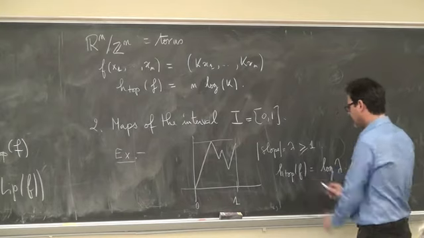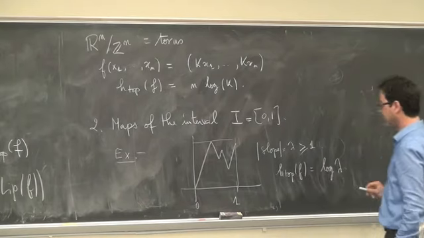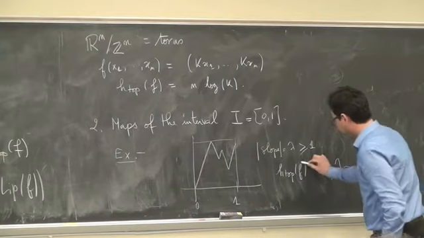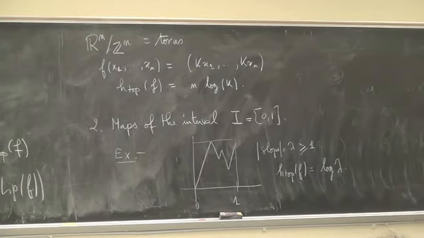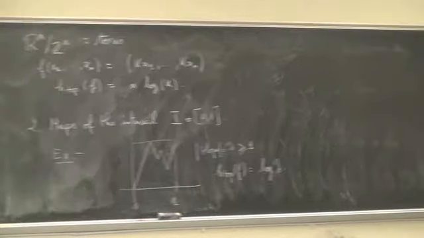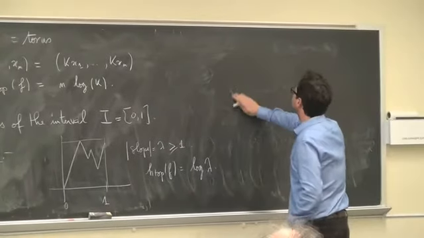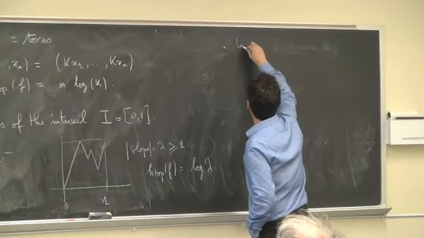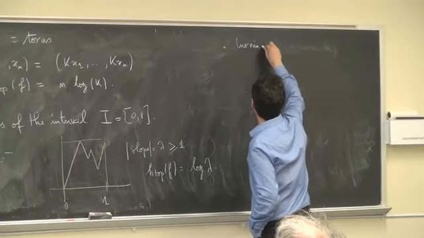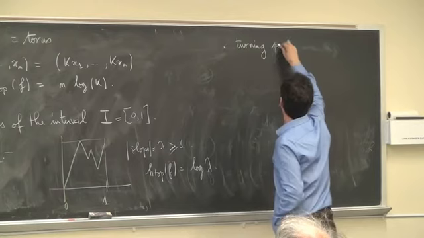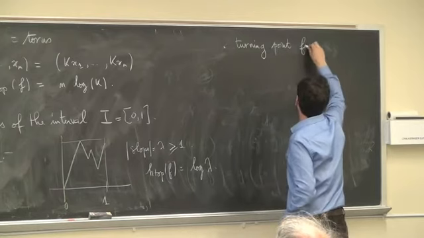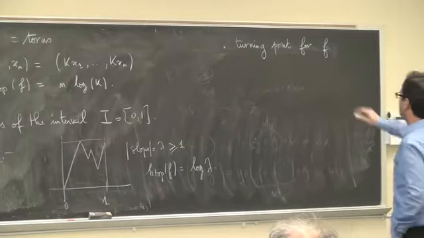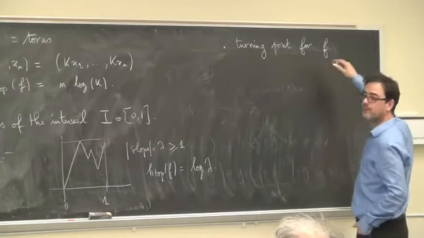But now I will focus on a particular type of transformation, and I will explain that if I make a nice restriction on f, the values of entropy are very nice. Before I do that, let me introduce a few notations. So, let's say a turning point for f, where f is a continuous transformation of the interval, is a local maximum or minimum for the graph.